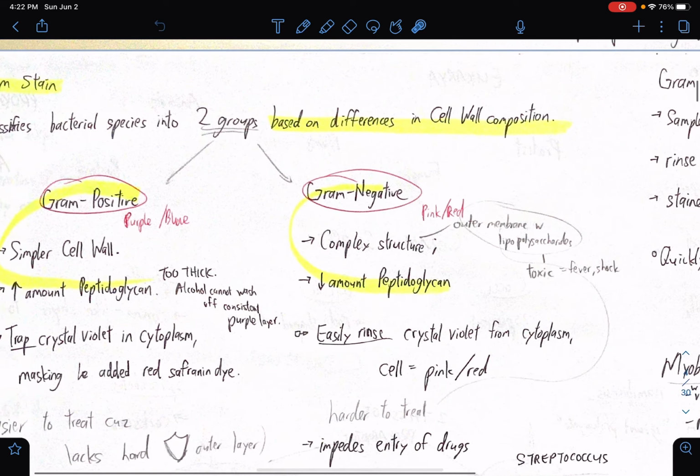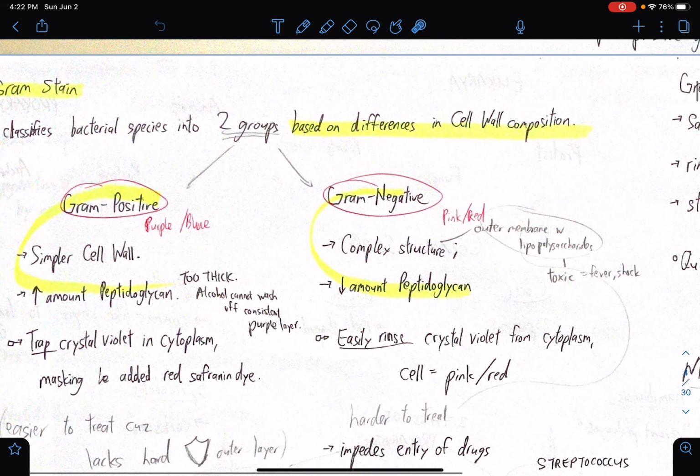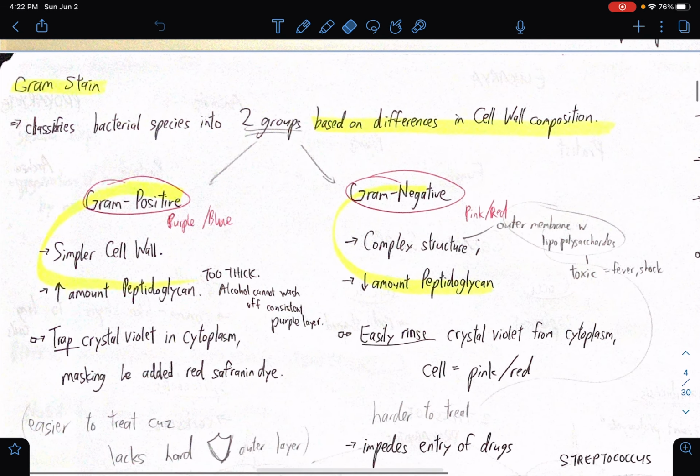Basically, for gram positive bacteria, the color is purple or blue. It traps crystal violet in the cytoplasm, masking the added red safranin dye. And for gram-negative bacteria, it easily rinses crystal violet from the cytoplasm, and the cell is colored pink or red.